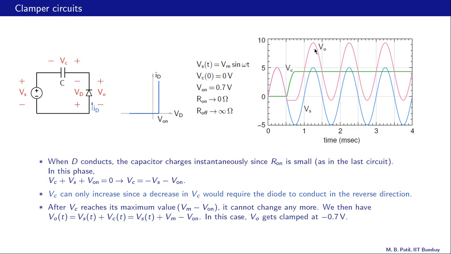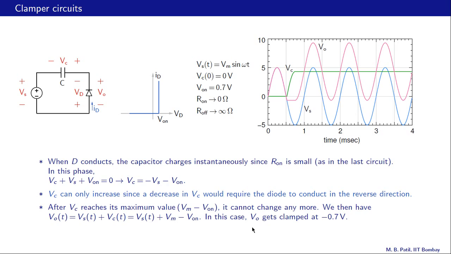So instead of reaching 10 volts, Vo reaches now 10 minus 0.7. So that is Vs of t plus 5 minus 0.7. So Vs of t plus 4.3, and since Vs of t has a maximum value of 5, we have 5 plus 4.3, which is 9.3 volts.